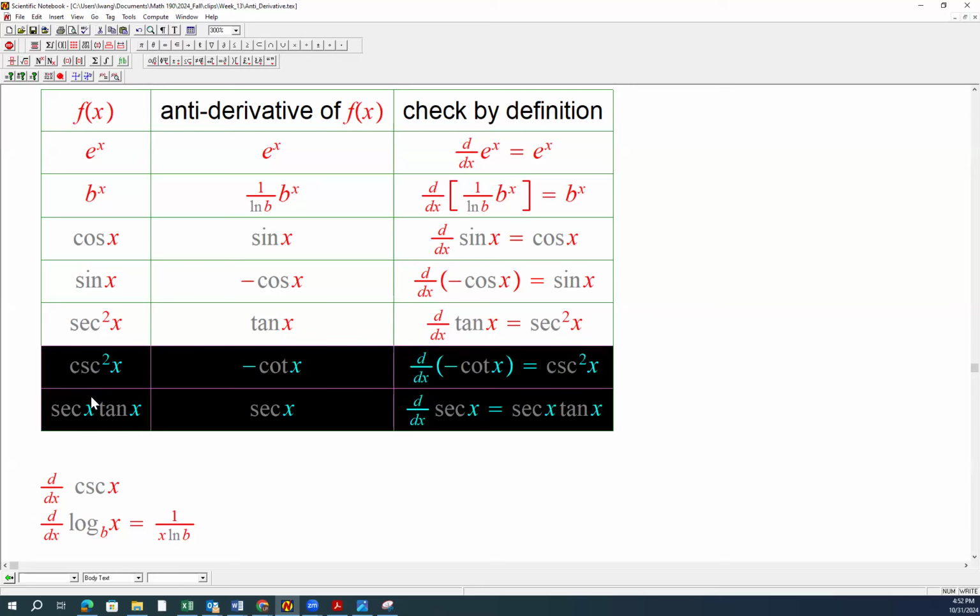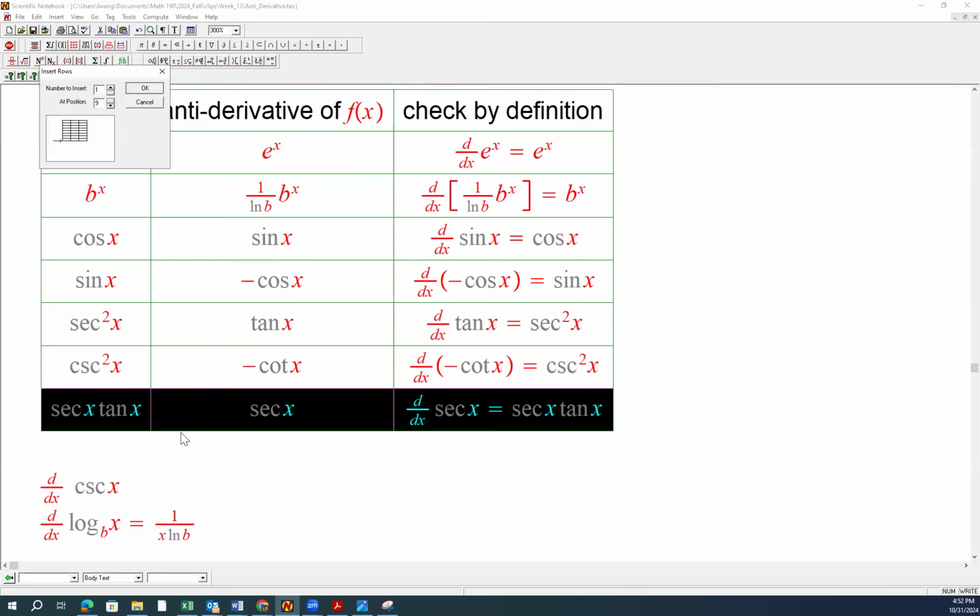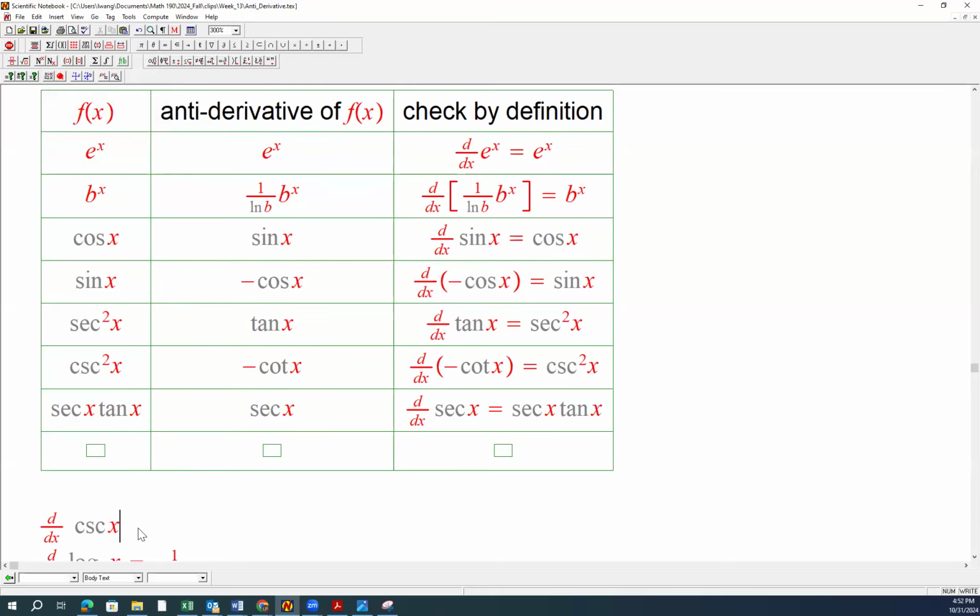Okay, so let me add some more rows. The derivative of cosecant x is negative cosecant x multiplied by cotangent x. By this time, I think you don't really need to memorize them, but some of them can be useful.